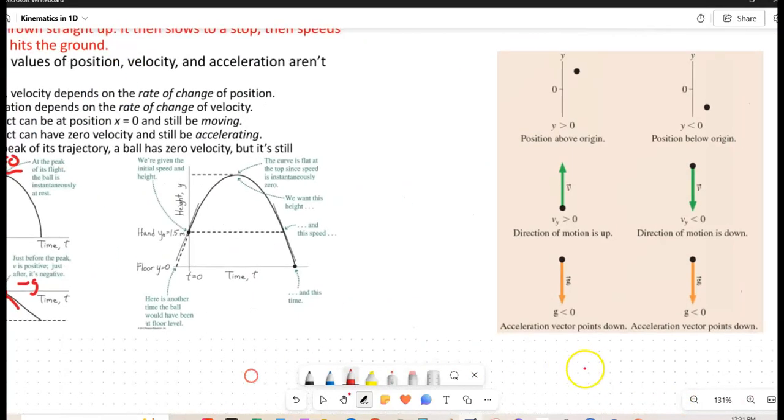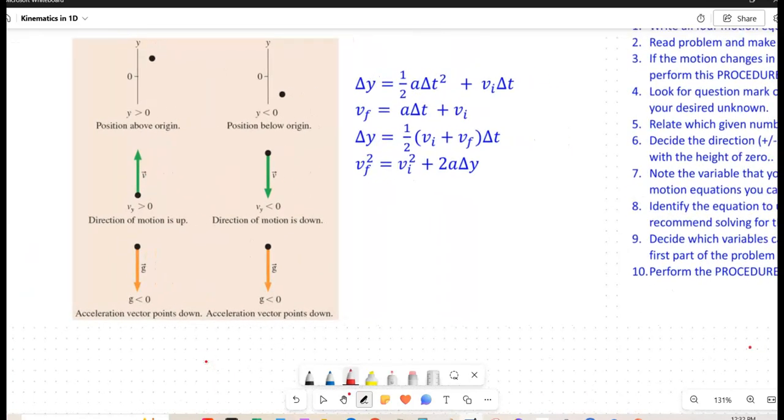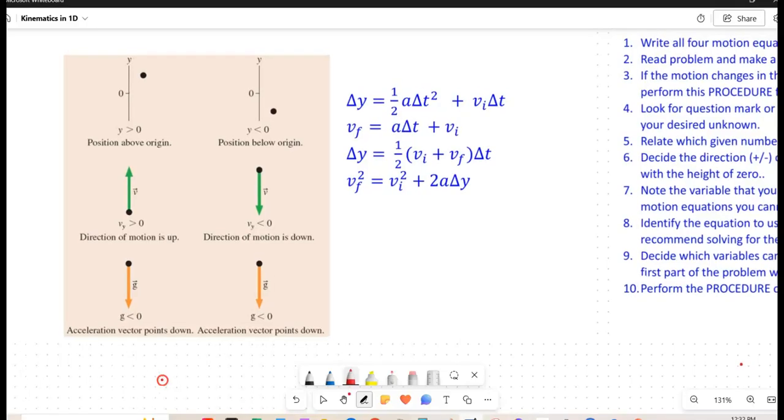Okay? So since we're going to be dealing with things falling in a gravitational field, we've got to set up some rules. We're always going to set your position as 0. So 0 is going to be you. Things above you have a positive position. Things below you have a negative position in the y direction.